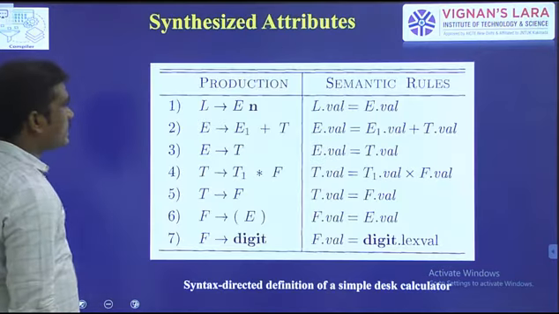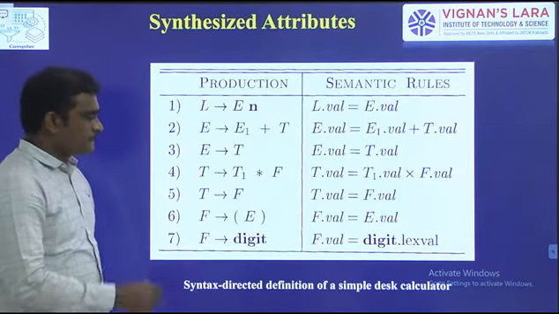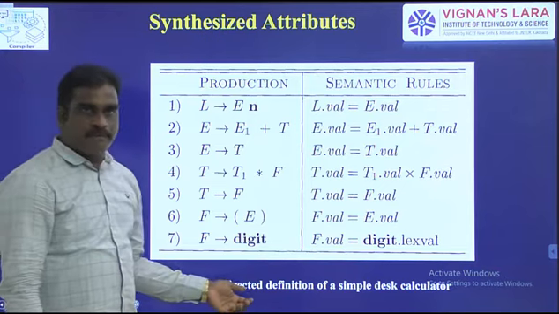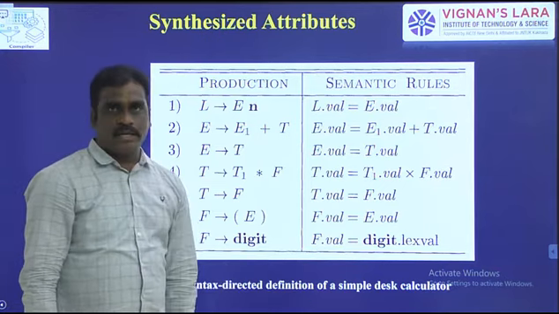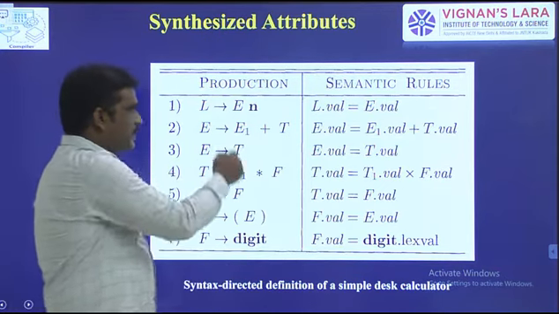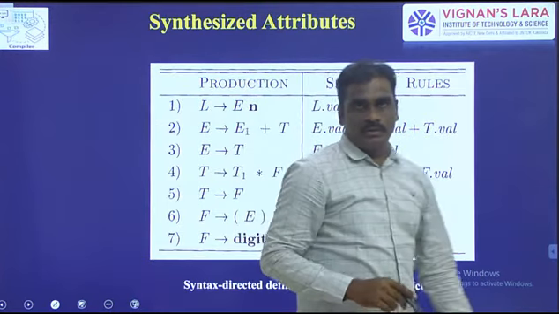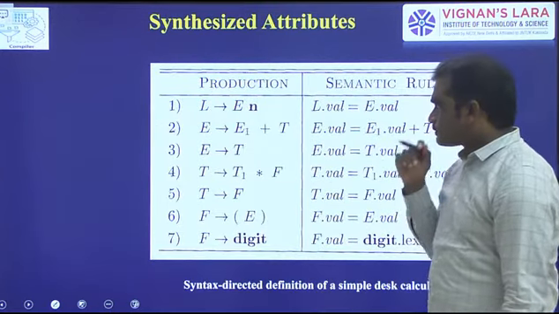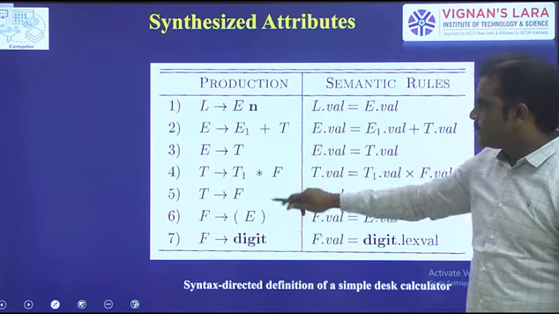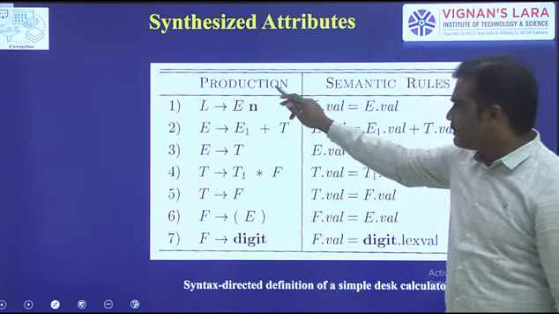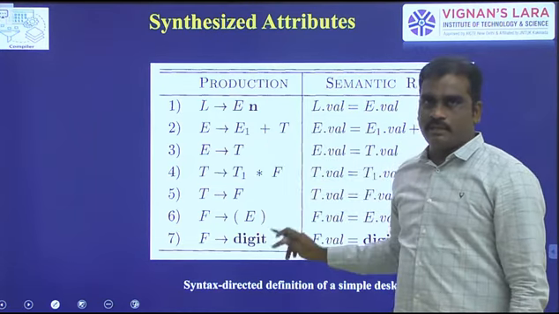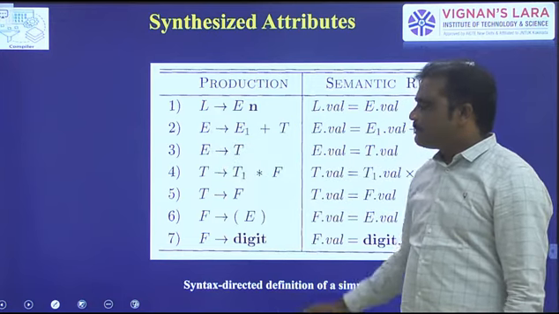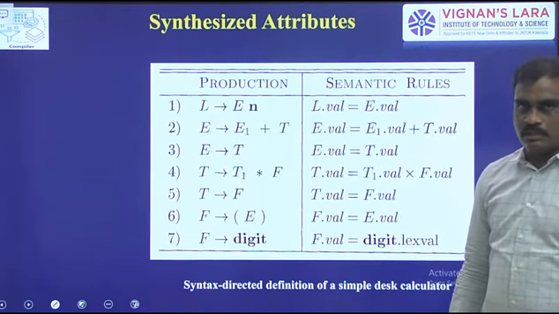Suppose we take one example, a syntax directed definition of a simple desk calculator, with the production and the semantic rules. The production is nothing but the context free grammar. Here the context free grammar contains a total of 7 productions.